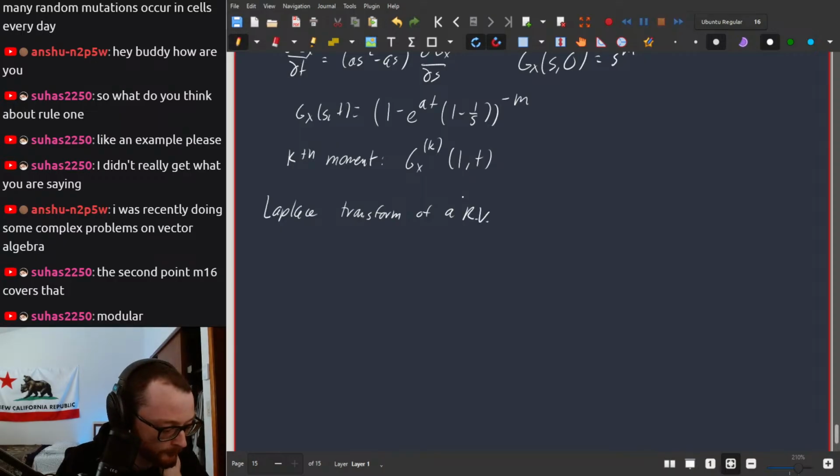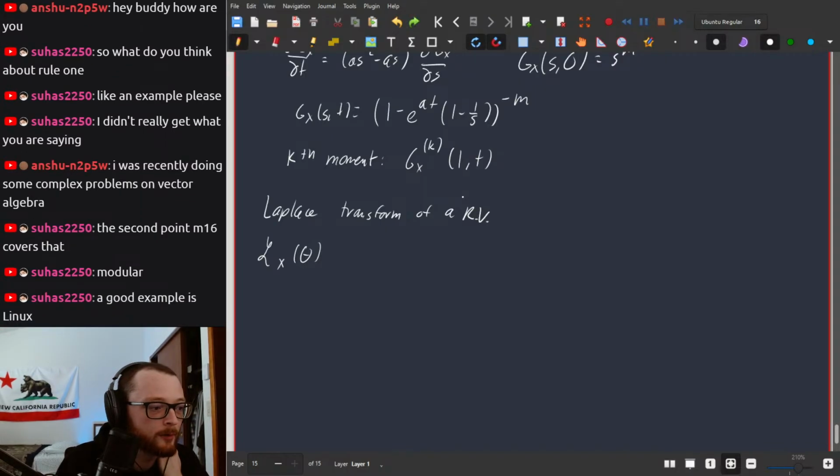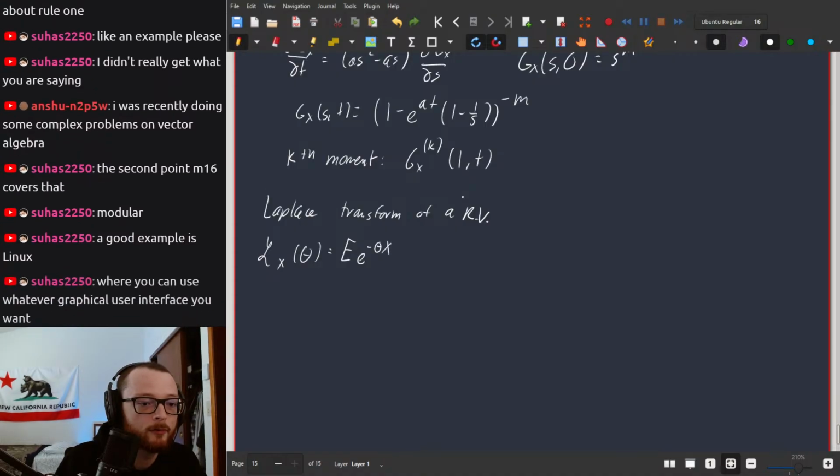Discrete or continuous, it works the same. The Laplace transform of some random variable X is going to be a function of theta, which is just some parameter, is the expected value of e to the minus theta X, capital X.